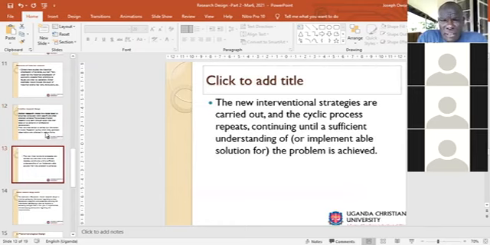Then the intervention strategies are carried out and the cyclic process repeats. You continue until a sufficient understanding and an implementable solution is achieved. Try it out, come back, try it out, come back, until you find a solution to the problem. Actually, the first one I described was going all the way and then coming back to work out the solution.